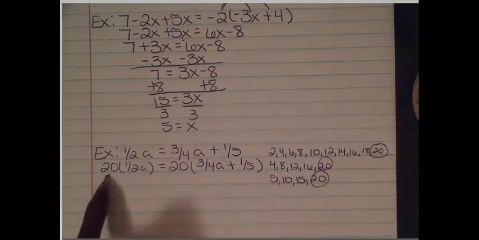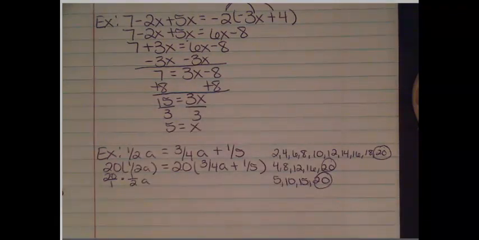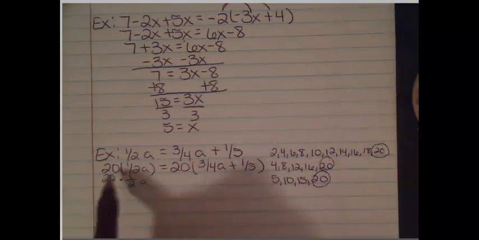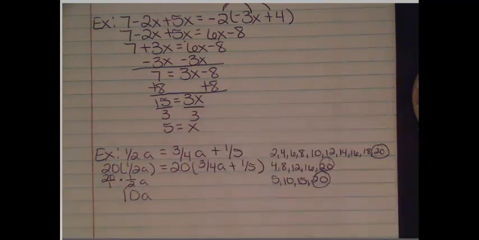So we could have like 20/1 times 1/2a, like that. So we can cancel our 20 with our 2, which will leave us with 10a.